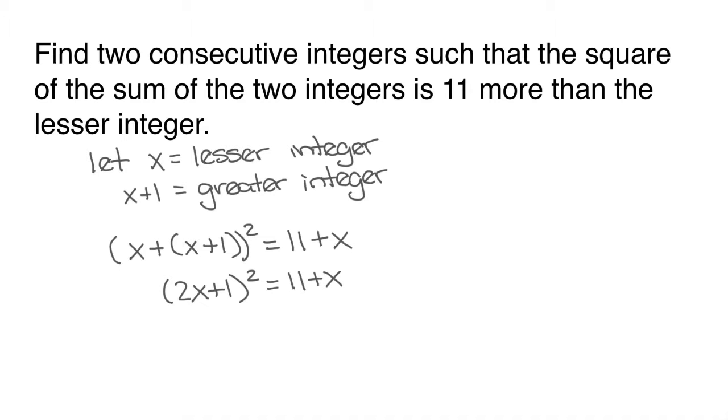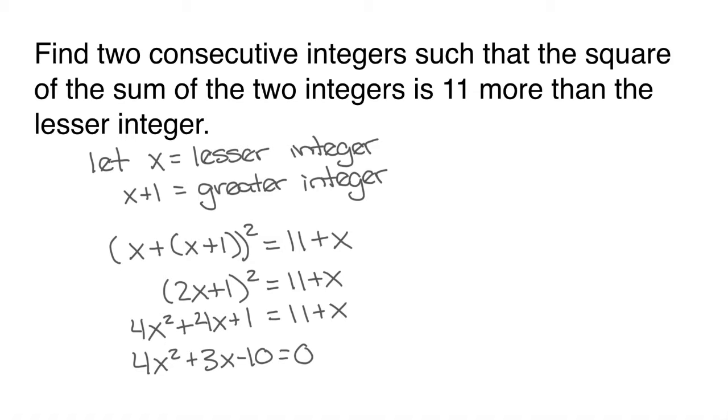Squaring the left side, we have 4x squared plus 4x plus 1 is equal to 11 plus x. Now we'll subtract 11 and subtract x from both sides of the equation in order to isolate all terms on the left side. When we do that, we have 4x squared plus 3x minus 10 is equal to 0.